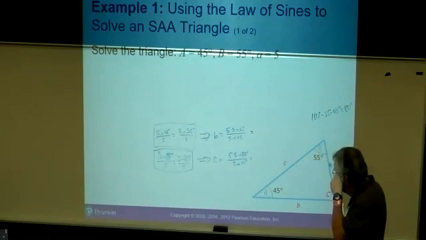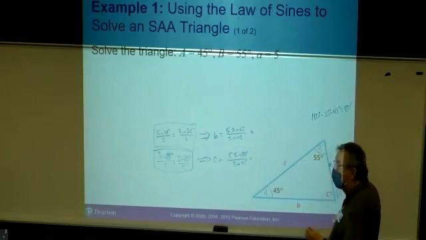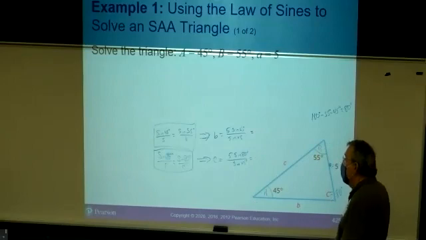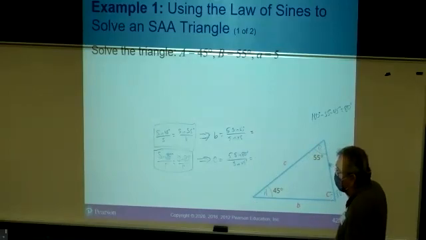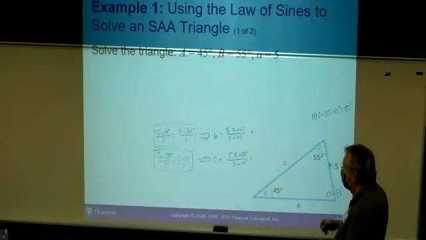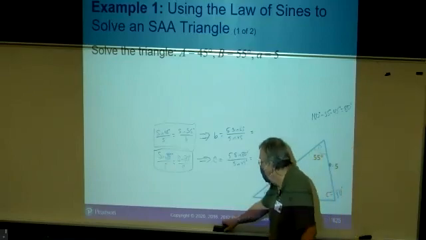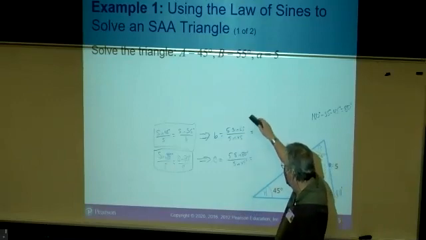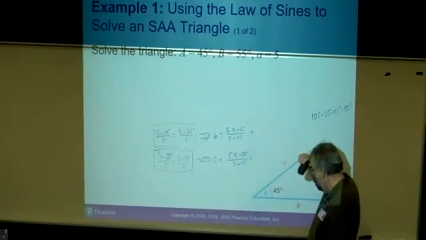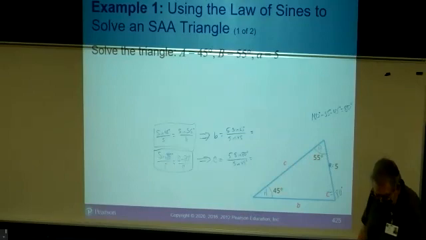Sine of 45 is the square root of 2 over 2, which is a decimal number of 0.7071. I think, yeah, that's what it is. And so I'm going to multiply 5 times the sine of 55 and divide by the sine of 45.